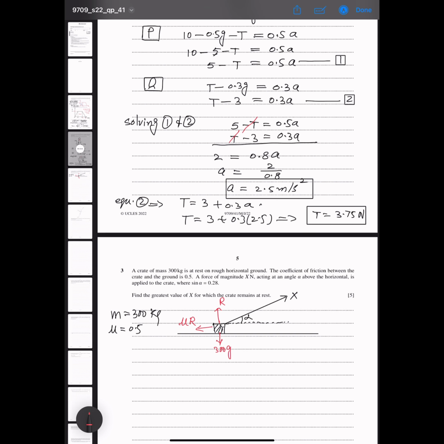Next, the components of x along the plane and perpendicular to the plane. We will resolve it. This component is along the plane and this component is perpendicular to the plane. The components are x sin alpha and x cos alpha.